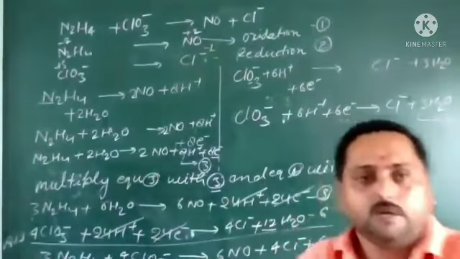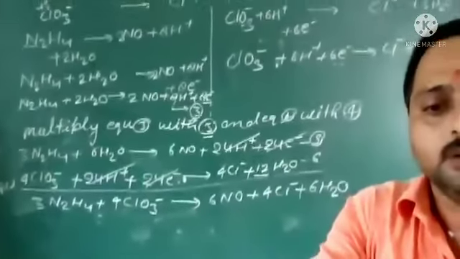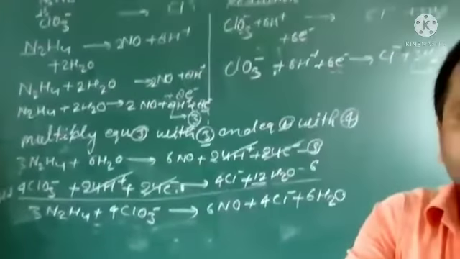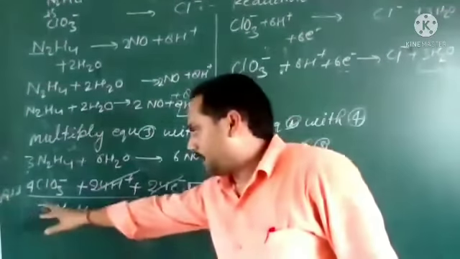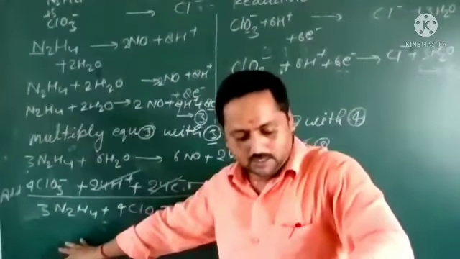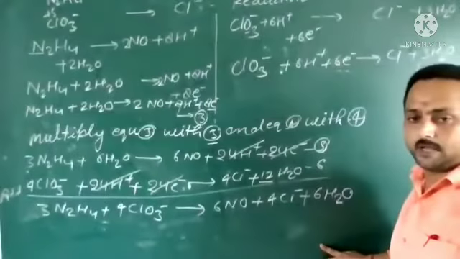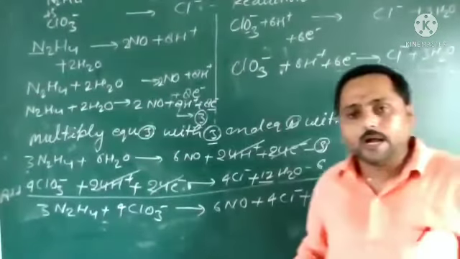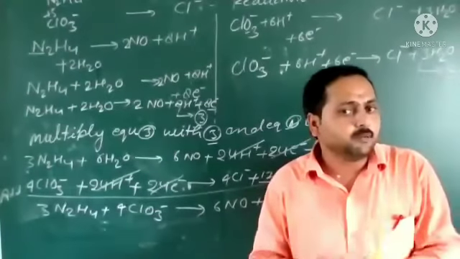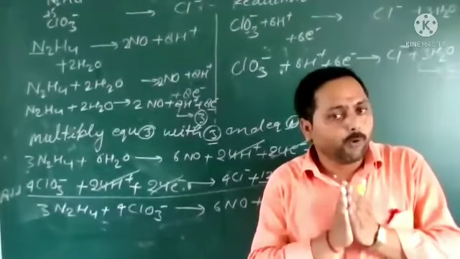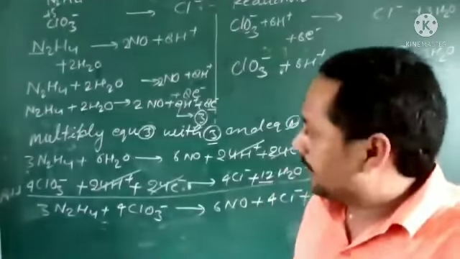But in this question, after adding, you can see there is no H plus. So we need not add OH minus. If H plus is there, being basic medium, we will add OH minus. So I think you have understood.